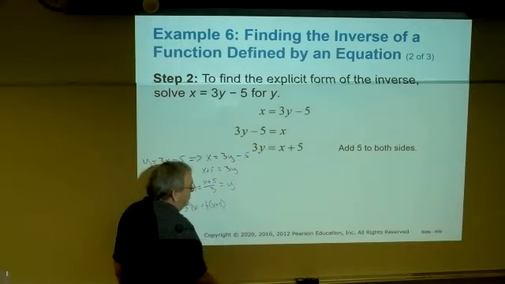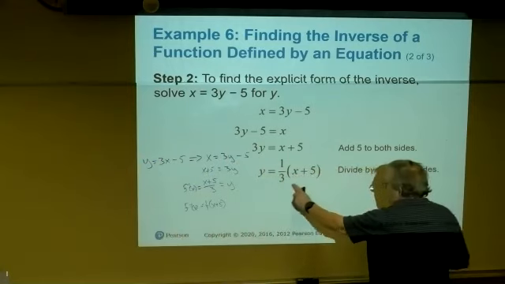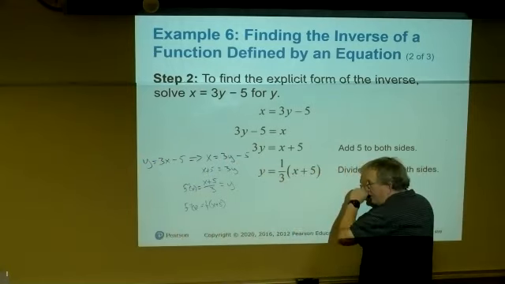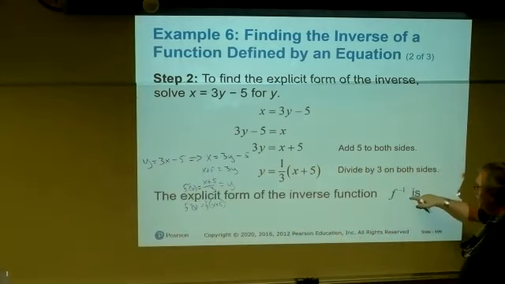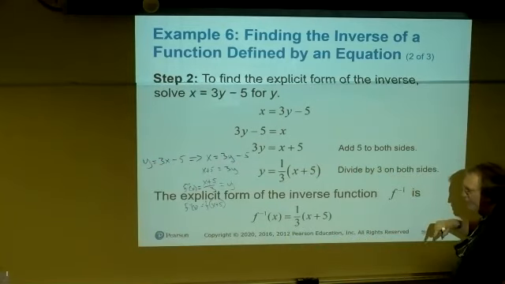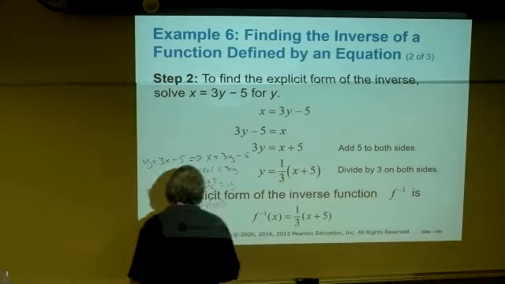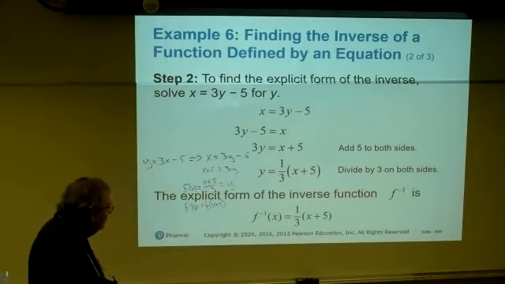So they add 5 to both sides, and then they say to divide by 3 on both sides, but they multiply by 1/3 on both sides. And then replace the y with f inverse. So you get the f inverse of x is 1/3 x plus 5. But I like to write it this way. Sometimes it's easier to see what's happening. And then they tell you to graph it.